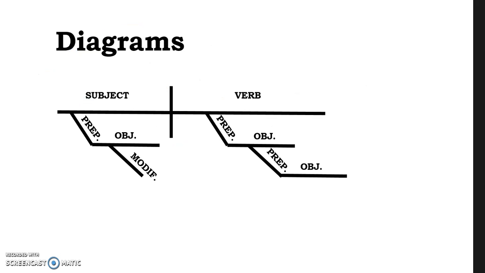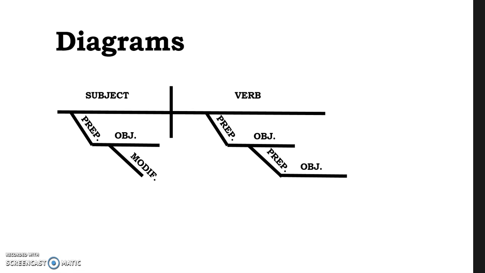This is how you diagram prepositional phrases. Again, we're using a descending diagonal line, but here we have a horizontal line that runs parallel with the baseline, and that's where we place the object of the preposition.